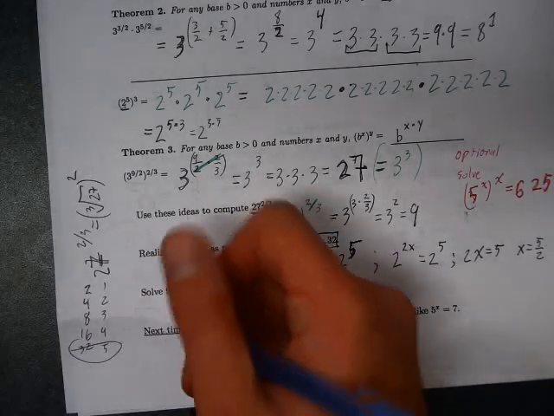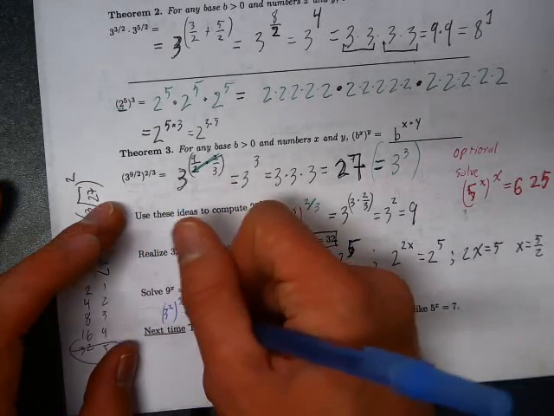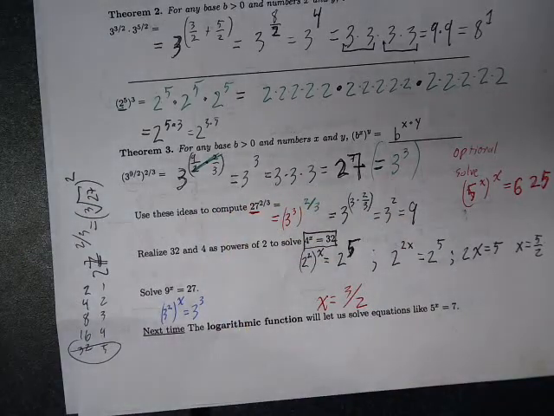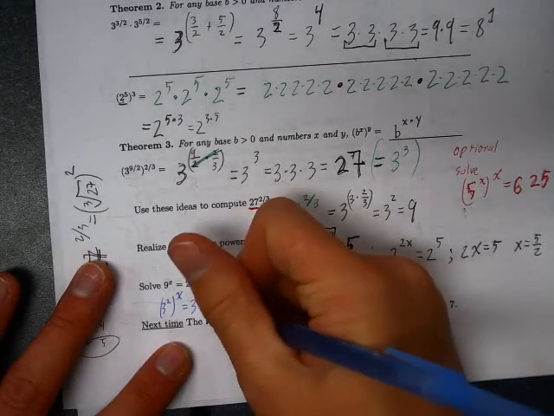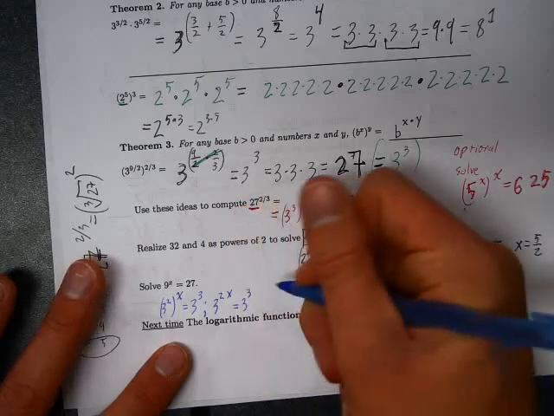So 9 is 3 squared, so we can rewrite that as 3 squared to the x is equal to 3 cubed. But 3 to the 2 to the x, we have a rule for that. That's 3 to the 2x, which is equal to 3 to the power 3.